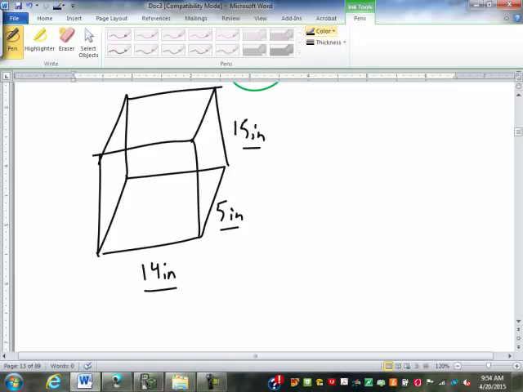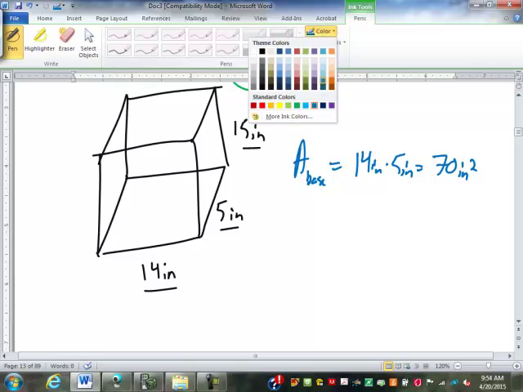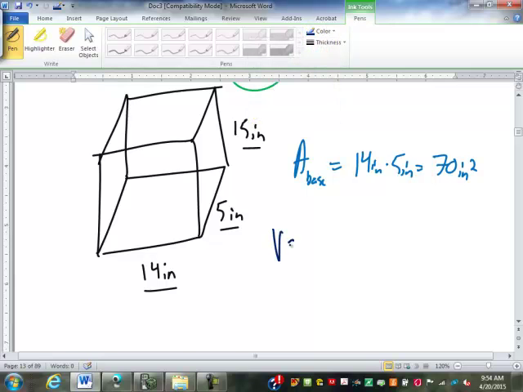Well, we've got the area of our base is going to be 14 times 5 inches to give us 70 square inches. So our volume is that 70 square inches times 15, which is 1,050 inches cubed.